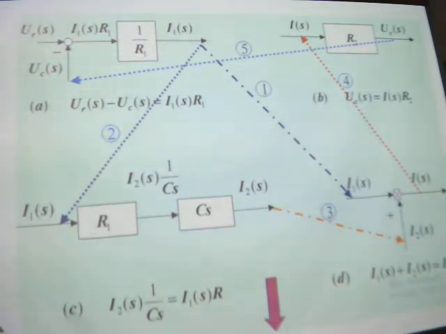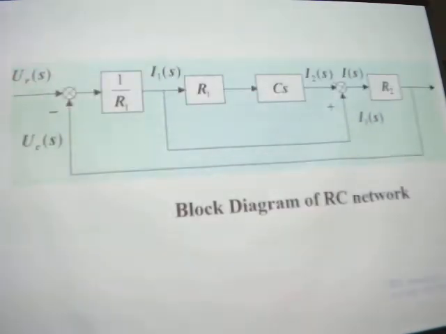So the formula consists of four block diagrams. Now we can consist only one block diagram of this RC network. You can see here, this is I equal to I1 plus I2.